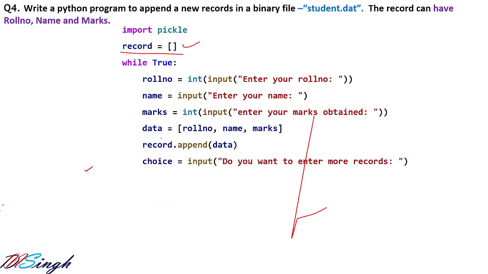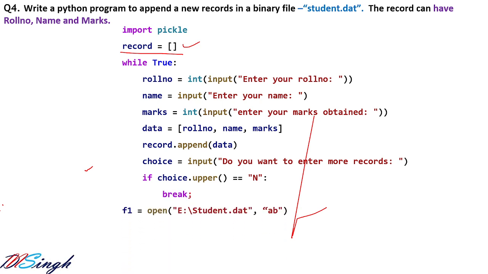Now our job is to open a file in append mode, and if our record is ready, we are going to use the dump function to add the record inside the file, pickle.dump, and f1 is our file handle. These three things are given.